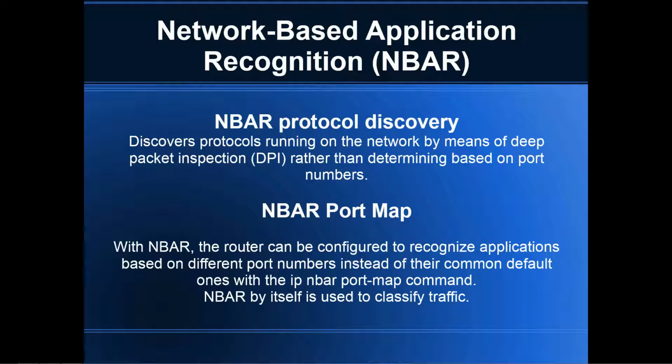For our network-based application recognition, so this protocol discovery, again, it does a deep packet inspection to look at the payload. That way it can see what the application data really is. From that, it can determine its appropriate priority based off of the policy that is set. Again, it all is based off of an NBAR port map. It's not so much a specific port number, but it's based off of application.